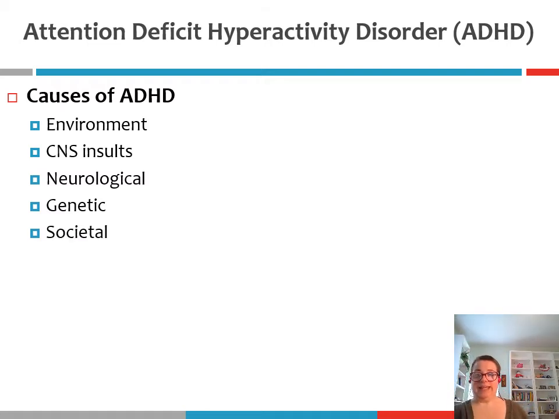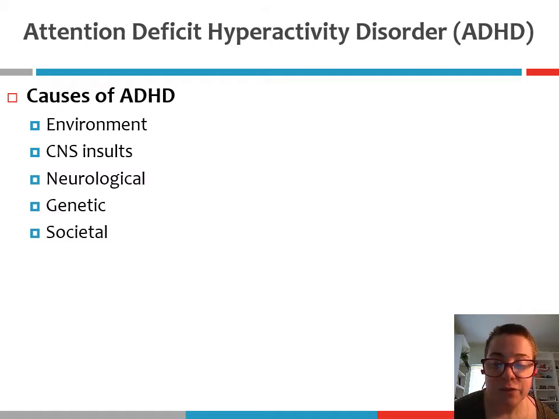Okay, lastly, this is the most complicated or least straightforward theory as to some of the potential causes of ADHD. And that's simply that it is a societal or psychosocial phenomenon, right?